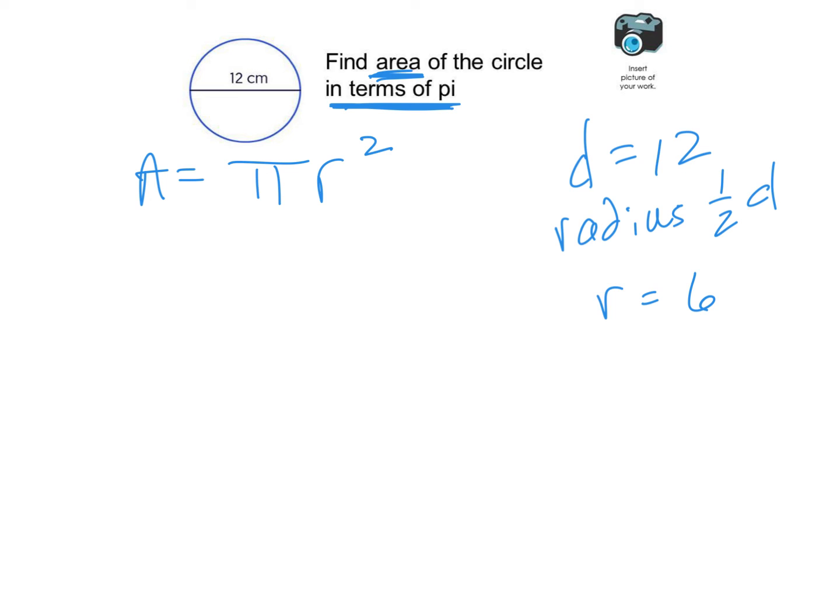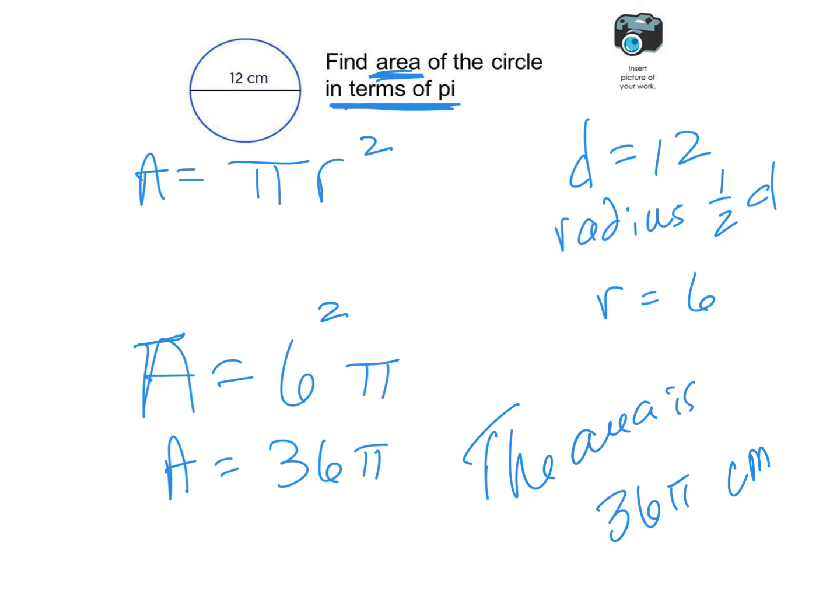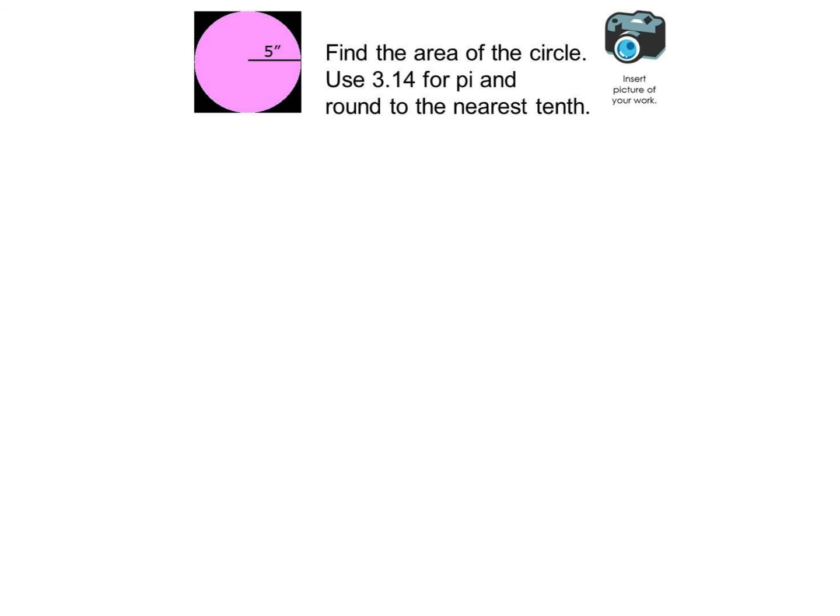So I'm going to plug in radius equals 6. Area equals 36 pi. Now I'm going to write my sentence. The area is 36 pi square centimeters. Make sure you square those units.